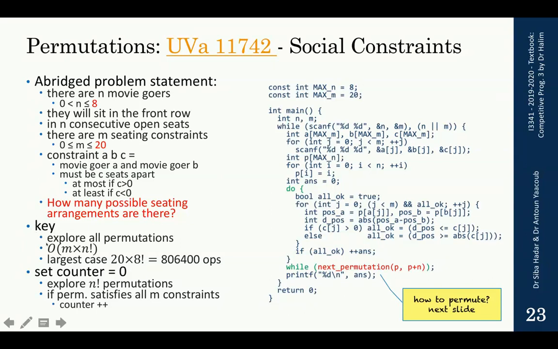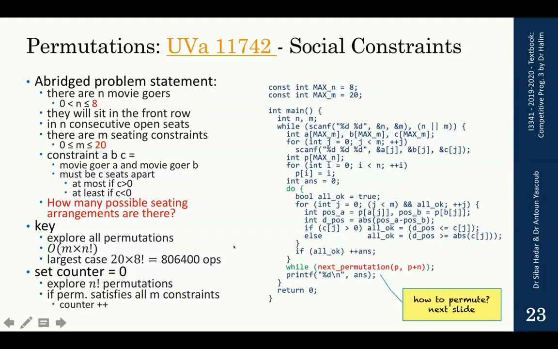The key here is to explore all the permutations, which are of the order of n factorial times m, because every time I have to check the m constraints, and the largest case is 20 times factorial 8. I set the counter to 0 and do the permutation, and if this permutation satisfies all the m constraints, I increment the counter and so on.